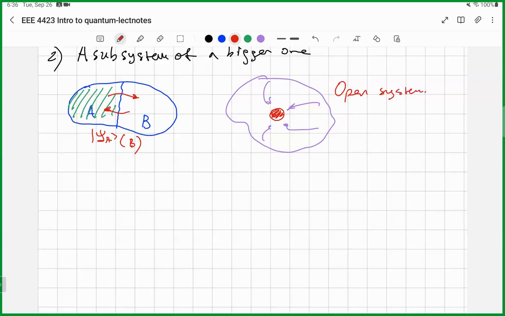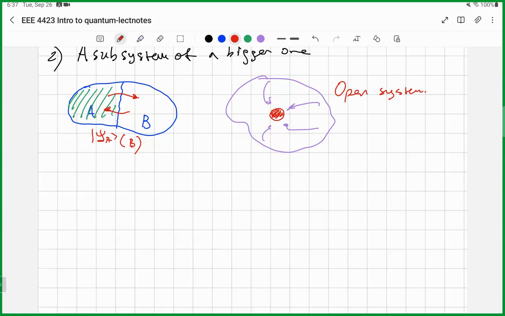Of course, any system is open, but when we describe theoretically, sometimes we can omit this for simplicity. We can omit this interaction of the system with the rest of the world, but in other cases, this interaction with the environment can be crucially important.